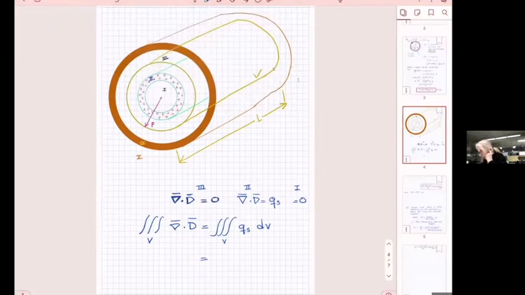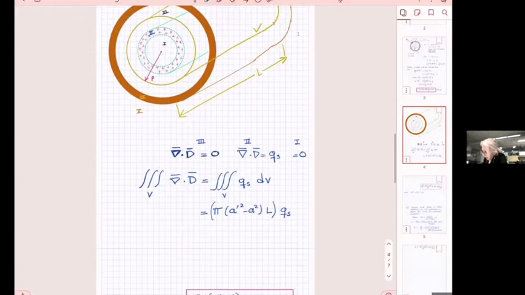The total charge in area 2, as we said before, is pi, what did we call A prime, all right? A prime square minus A square times L, and all of this times Q sub S. So then this on the left-hand side, that gives me the closed integral from the divergence theorem, D dot dS.